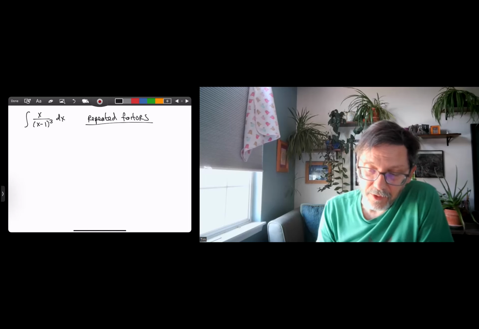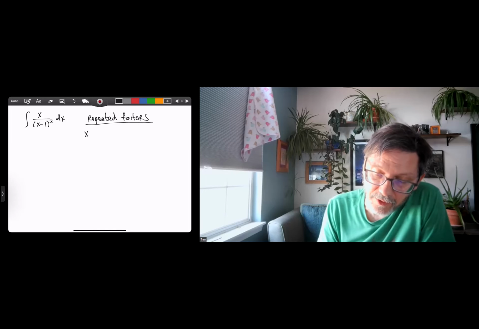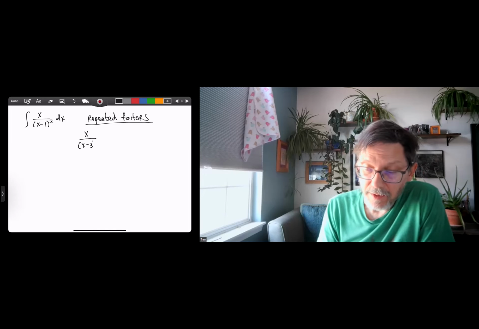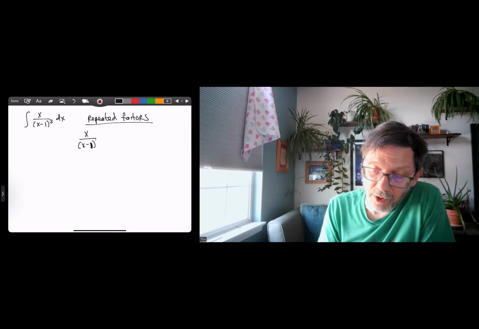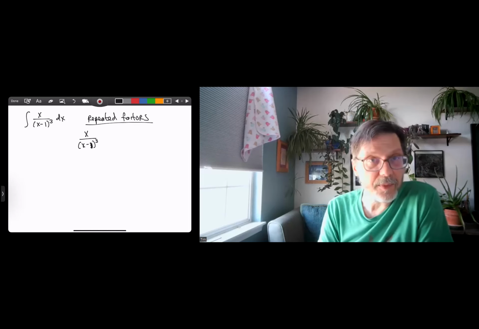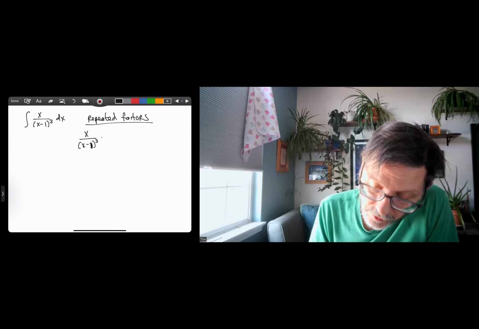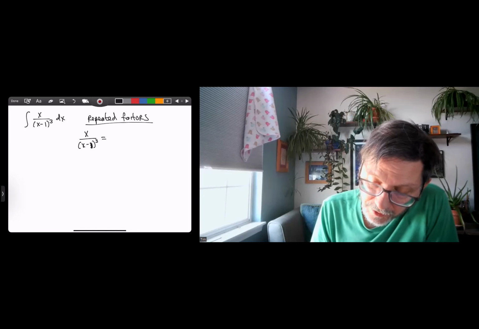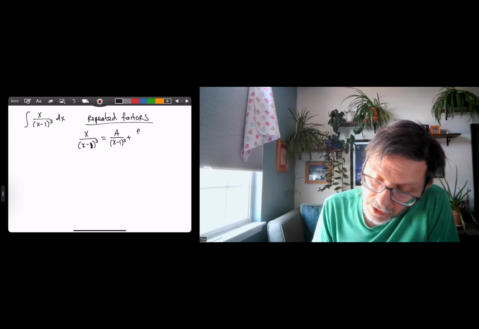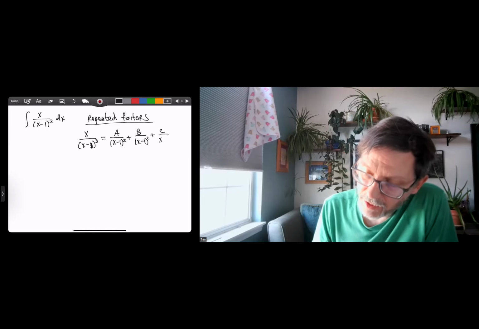If you have a repeated factor, where could that fraction have come from? So again, we're doing the same game. Decompose the fraction into simpler fractions whose sum is the original. So here we have to go for the most generality. Now, I could have an a over x minus 1 cubed, but all of the fractions I'm about to write, if I added these together, the common denominator would be my original denominator.